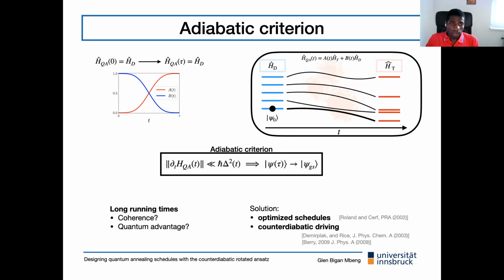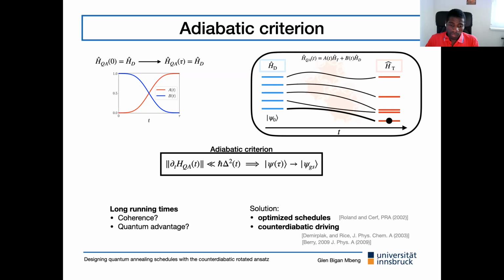According to the adiabatic criterion, if we choose the coefficients in such a way that the initial Hamiltonian is the driving Hamiltonian and the final Hamiltonian is the target Hamiltonian, we can evolve the system, and if the system is evolved sufficiently slowly, then it will end up in the ground state of the final Hamiltonian with high probability.